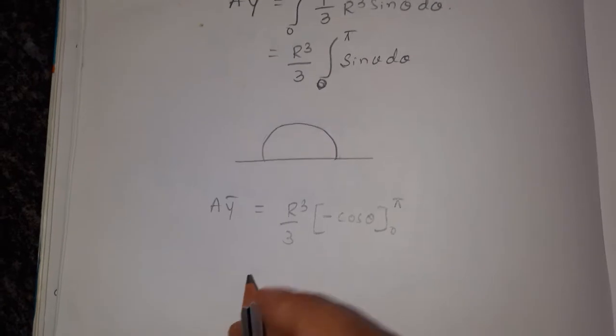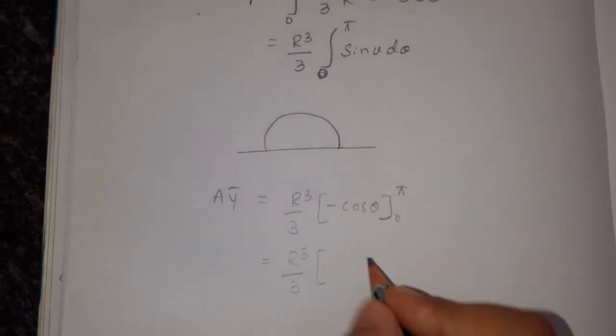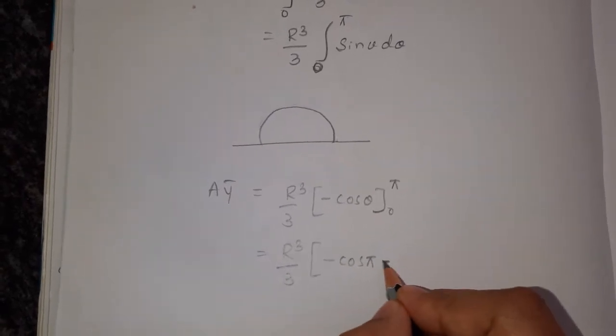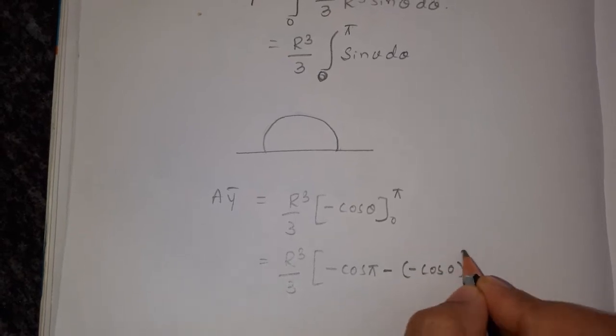Now applying the limits, r cube by 3 into minus cos pi minus minus cos 0.